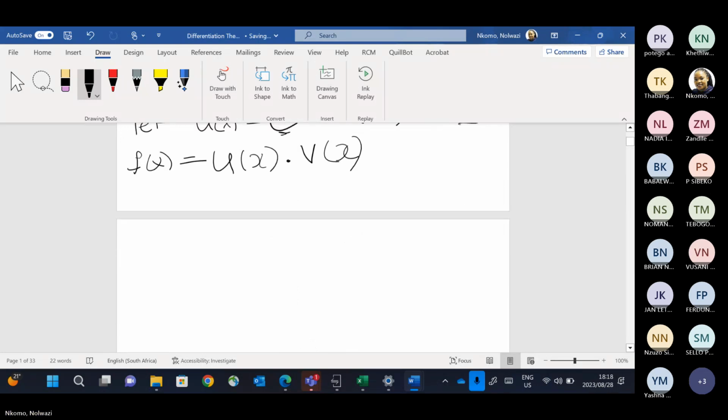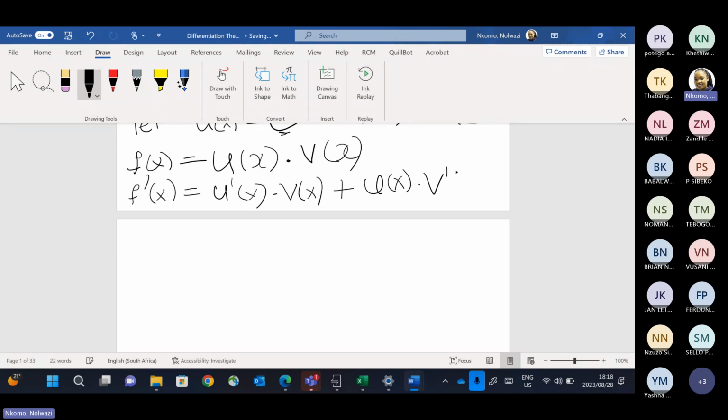Okay, this means f prime at x would be u prime at x times v at x plus u at x times v prime at x.